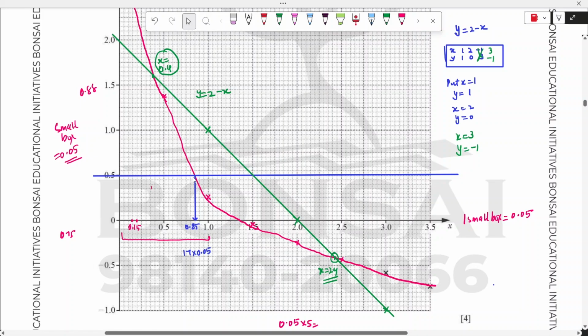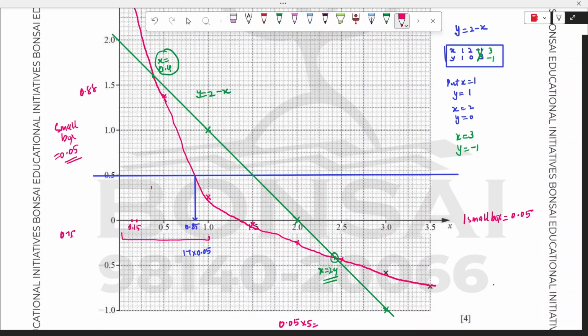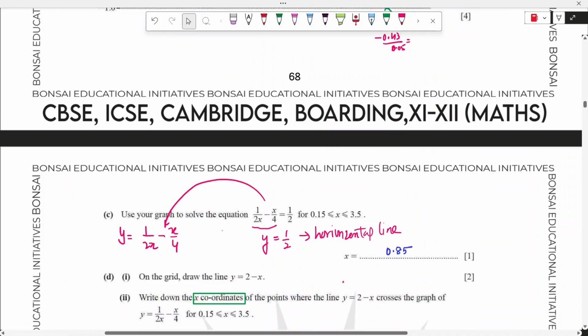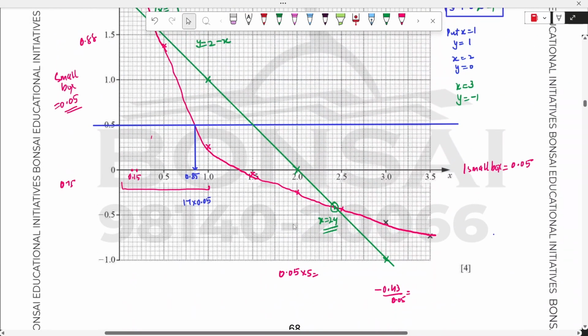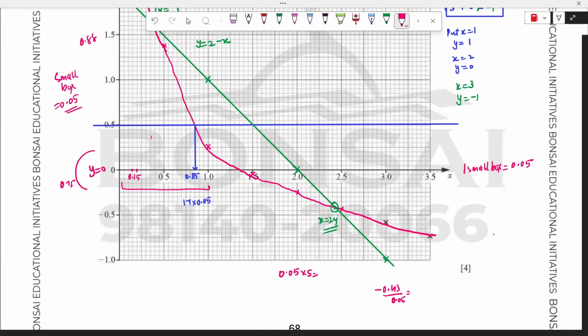So if you see on the graph, y equals 0, x equals root 2. So where the graph is intersecting, see carefully, because we have identified that on y equal to 0, the graph cuts the axis. On y equals 0, the graph is intersecting approximately at this point.